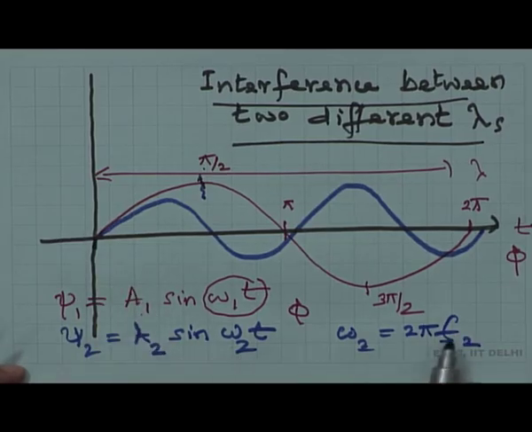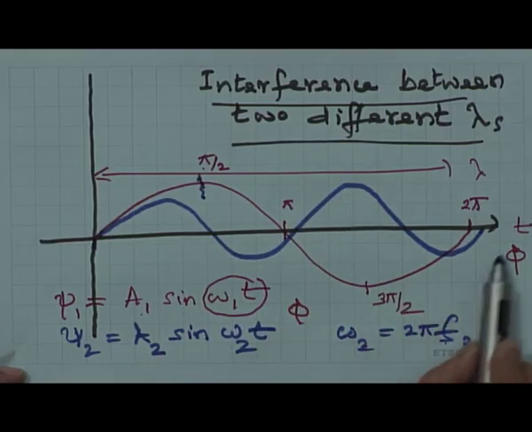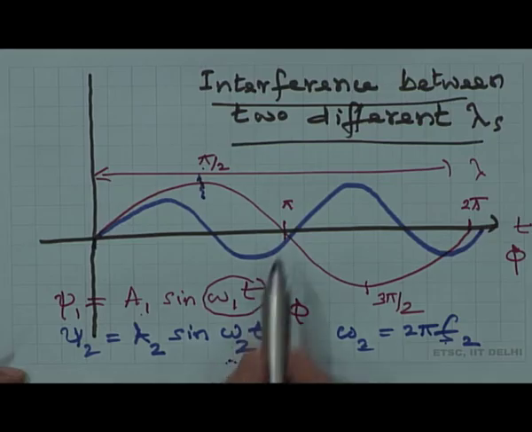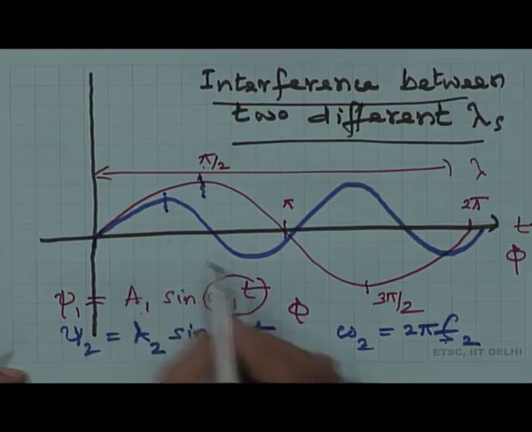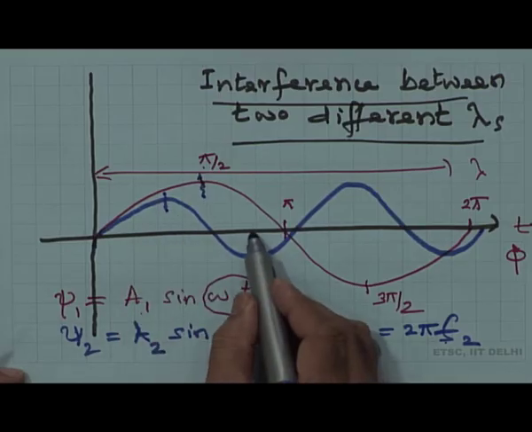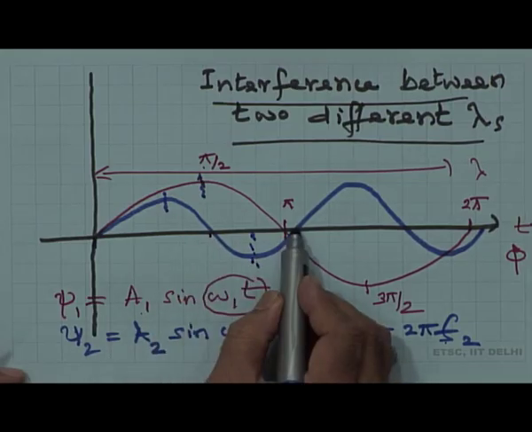Because the wavelength is smaller, blue is about 400 to 450 nanometer and red is around 650 nanometer, the frequency is higher and therefore this is oscillating rapidly, because this number is larger. In the same time, this varies rapidly, which means the point pi by 2 corresponds to this phase, and in terms of phase this will correspond to 3 pi by 2, this is pi and 2 pi.